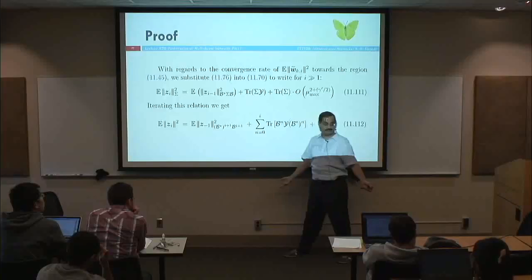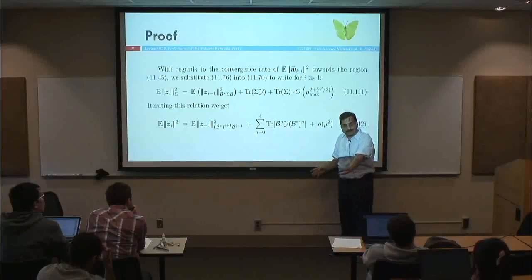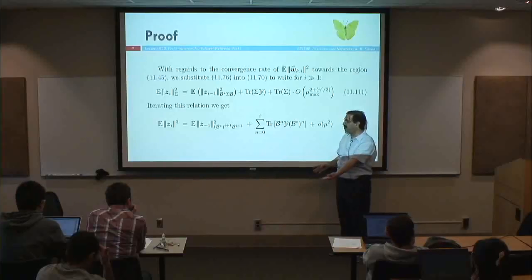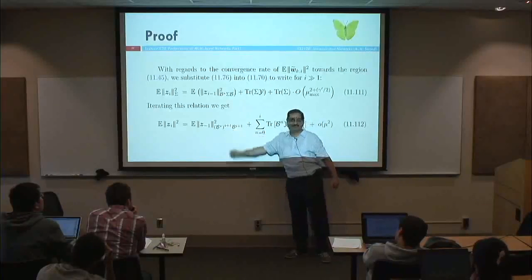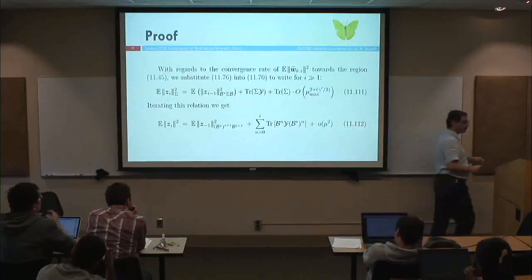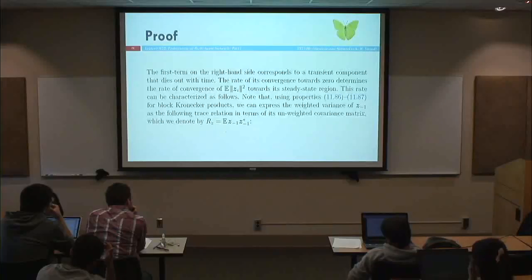This is the transient term. This term will go to the MSD. So the rate at which you reach the MSD depends on the rate at which this is going to 0, correct? So let's see at what rate this is going to 0.